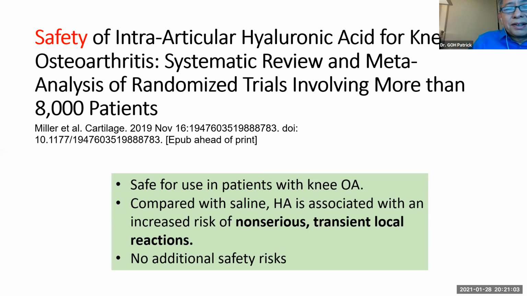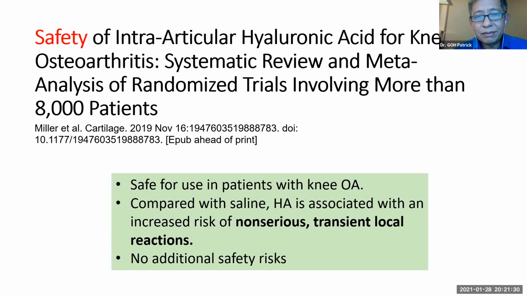Now, one of the concerns with hyaluronic acid is safety. If we are concerned with the injectate which we use, whether it's steroid or hyaluronic acid, we also have to look at the safety considerations. Again, a meta-analysis of RCTs published by Miller in 2019 shows that it's safe for use.